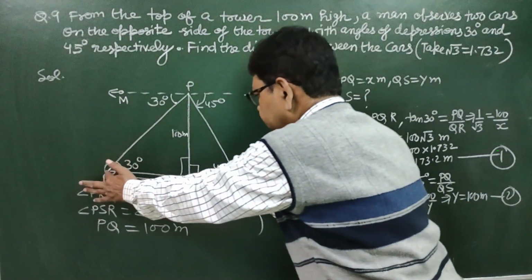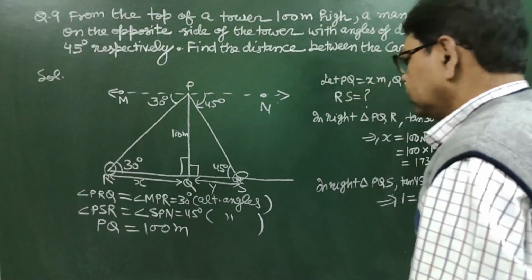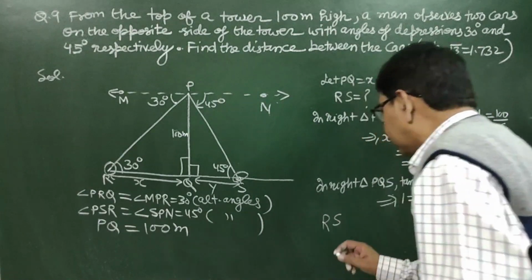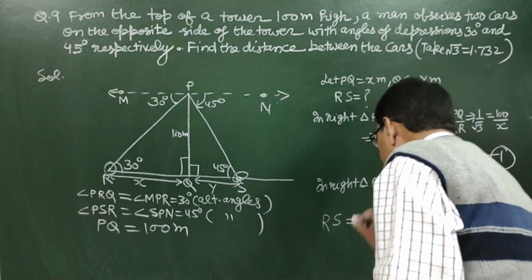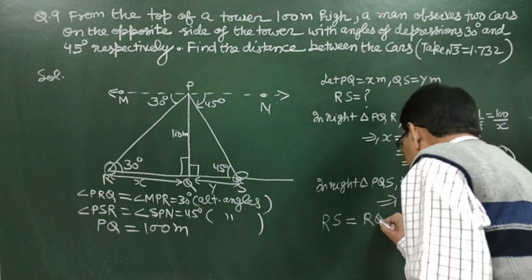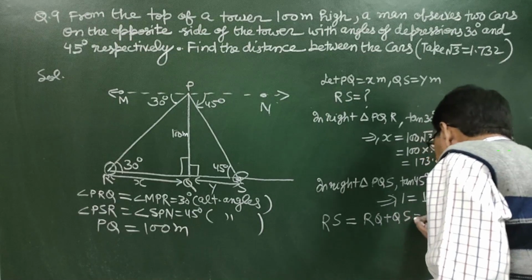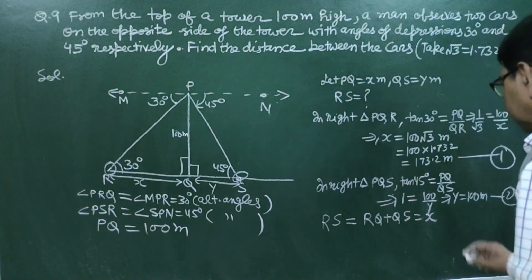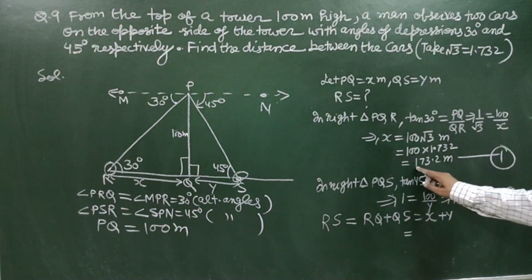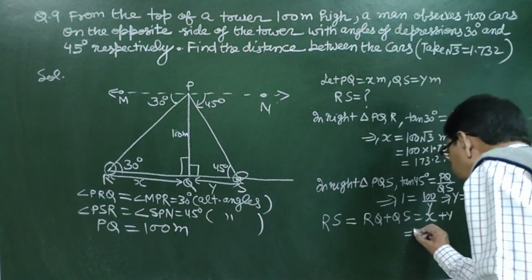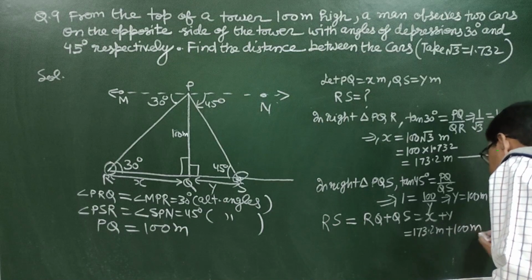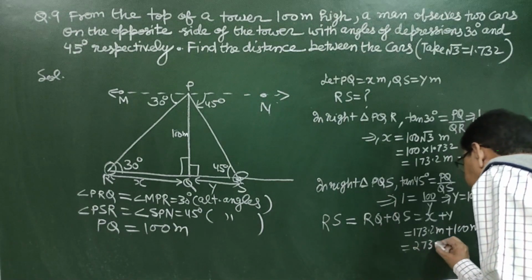Now we want to find the distance between the cars, that is RS. So RS, distance between the cars, is equal to RQ plus QS, that is x plus y, and x we have already calculated, 173.2 meter plus 100 meter is equal to 273.2 meter.